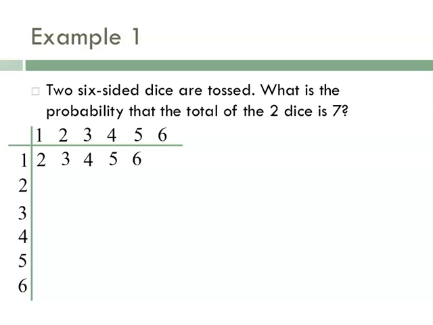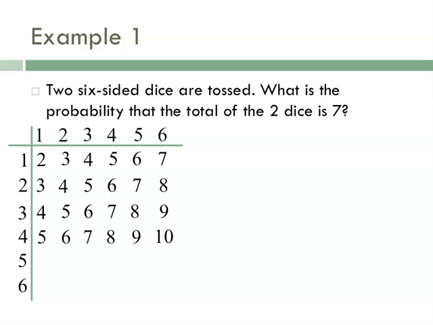So we can come up with all the different ways that we could get a specific sum. So if the first die gives us a 1, 2, 3, 4, 5, and 6, and then if the second one gives us 1, 2, 3, 4, 5, or 6, then we can find out, well, how many different ways are there of getting, in this example, 7.